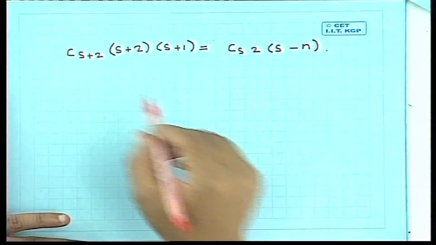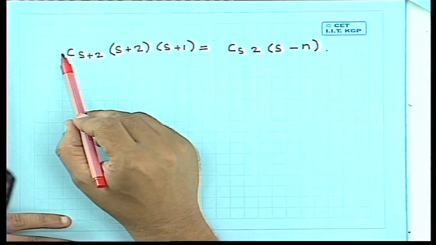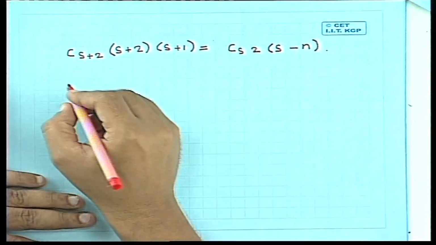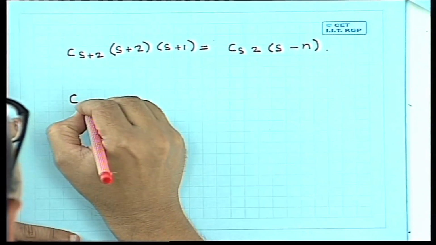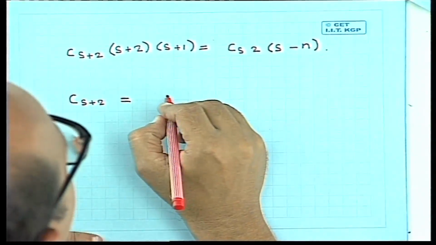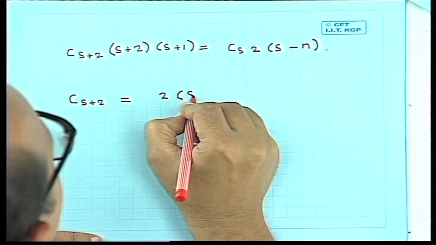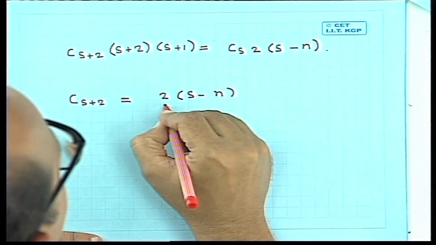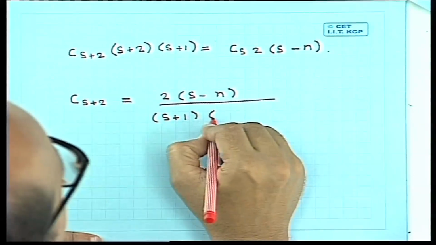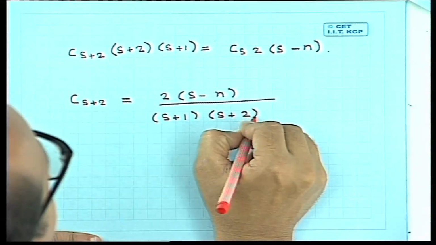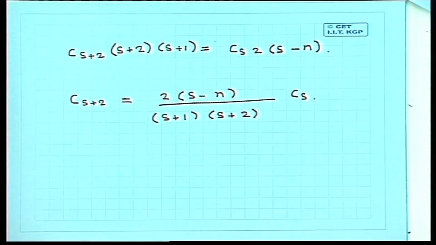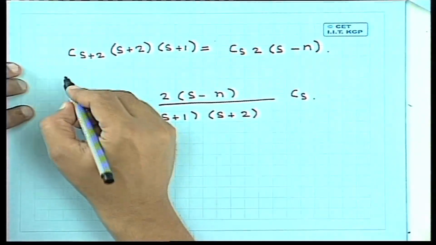This is the recursion relation between the different coefficients C. Let us write it in this fashion: C s plus 2 is equal to 2 into s minus n divided by s plus 1 into s plus 2, times Cs.